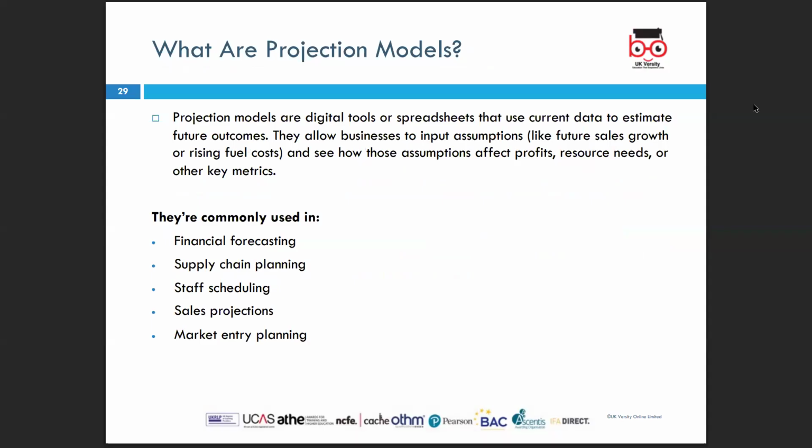So what are these projection models? These are digital tools or spreadsheets that use current data to estimate future outcomes. They allow businesses to input assumptions such as future sales growth or rising fuel costs, and also help us to see how those assumptions affect our profit, resource needs, or other key metrics.